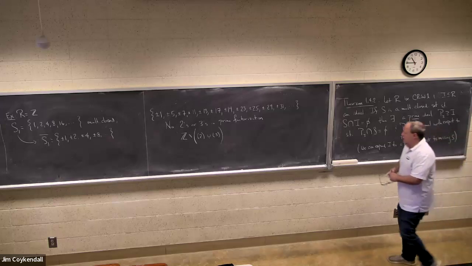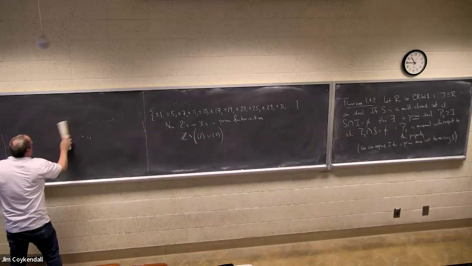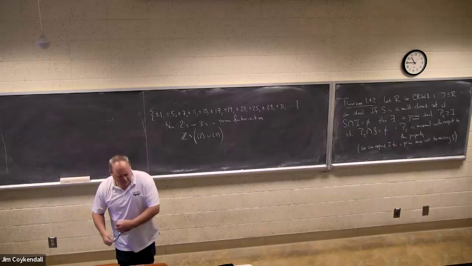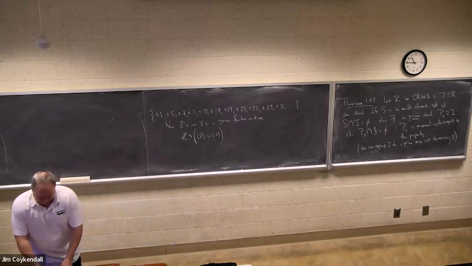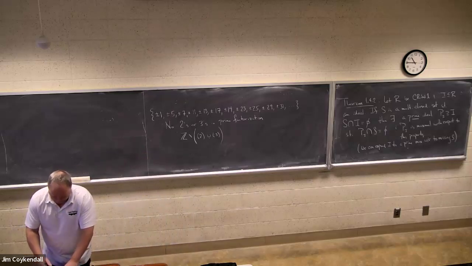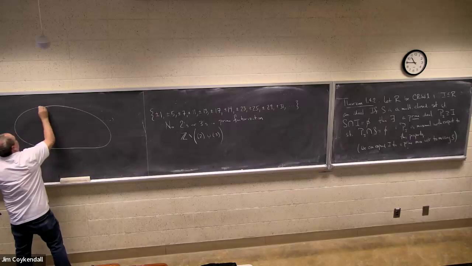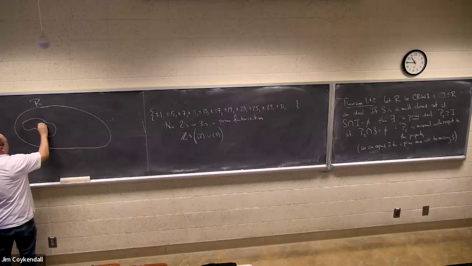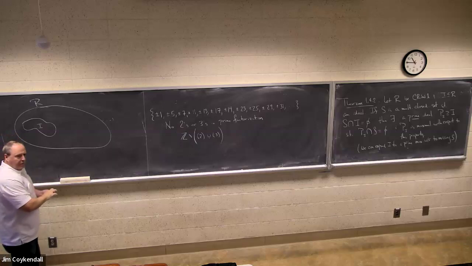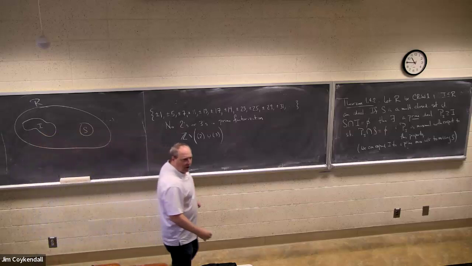Okay, so I never thought I'd draw a picture in a ring theory class, but here I go. So here's the idea. You have this elliptical shaped ring, and you have an ideal I, and you have this multiplicative set over here that doesn't overlap.